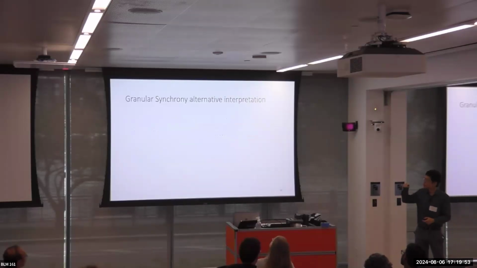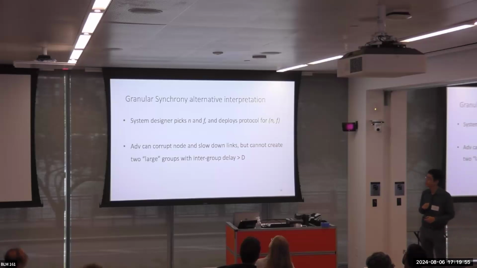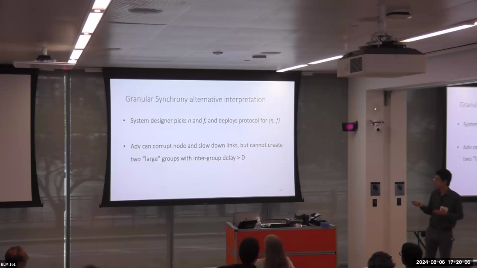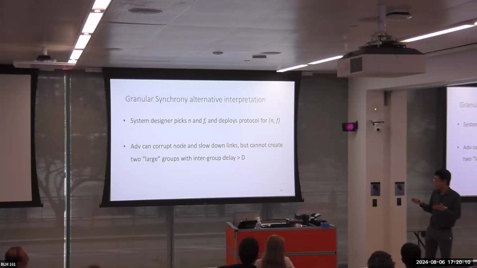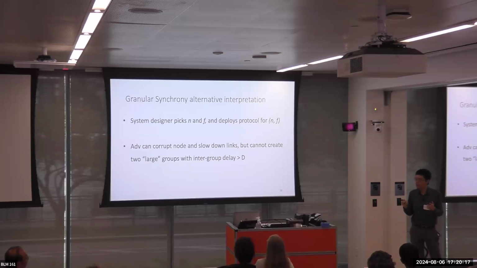So there's an alternative interpretation of the model, which is that the system designer just picks n and f, deploys one of the granular synchrony protocols, and just hopes that the adversary cannot violate the condition. The adversary can corrupt nodes and slow down links, but it's just assumed to be incapable of creating two large groups such that their intergroup delay is longer than some threshold.